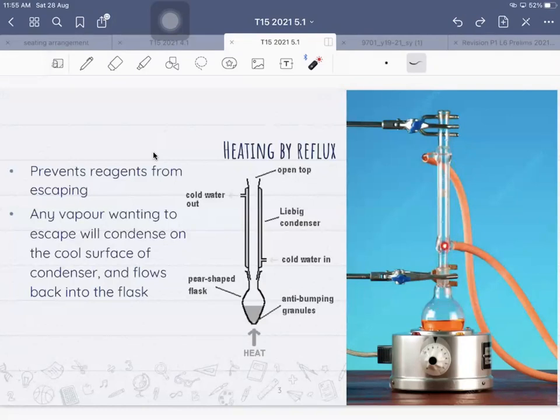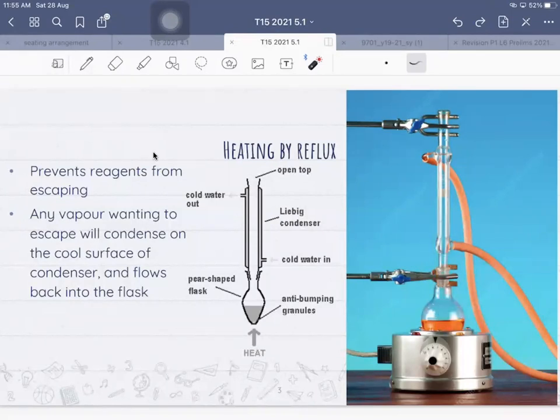When my ethanol vapor travels up, it reaches this cold region, where it will be condensed and transformed into liquid. Gas turns to liquid, liquid is heavy. By the law of gravity, the liquid will fall back into the reaction mixture.